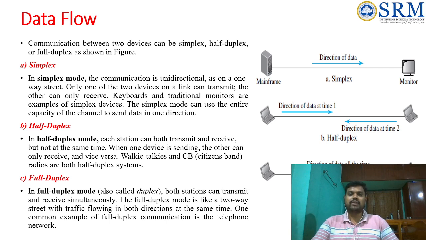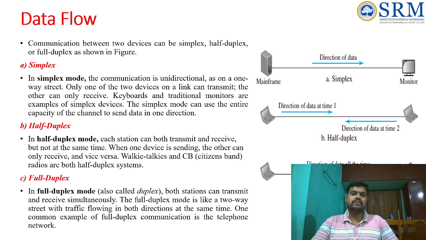If you look at the walkie-talkies, only one person can talk at a time, right? Once the person completes his speech, another person will take over the control using the knobs or buttons. So half duplex means communication is possible in both the directions, but not at the same time.